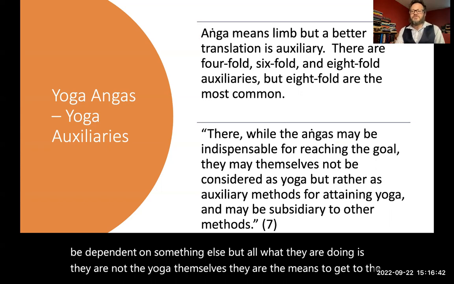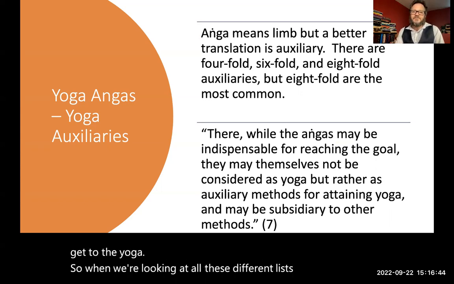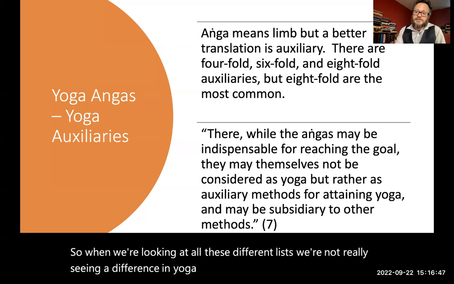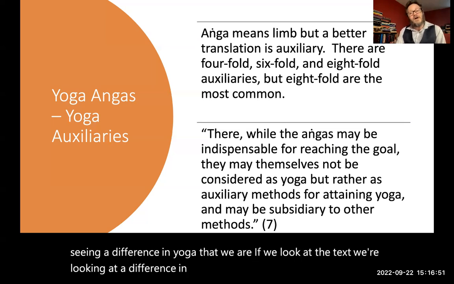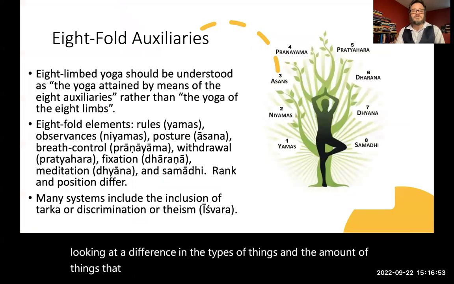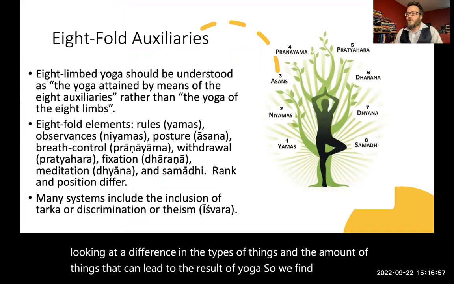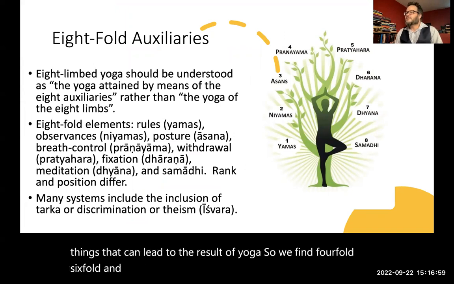So when we're looking at all these different lists, if we look at the text, we're not really seeing a difference in yoga. We're looking at a difference in the types and the number of things that can lead to the result of yoga. So we find 4-fold, 6-fold, and 8-fold. 6-fold varieties have a lot in common with the 8-fold.